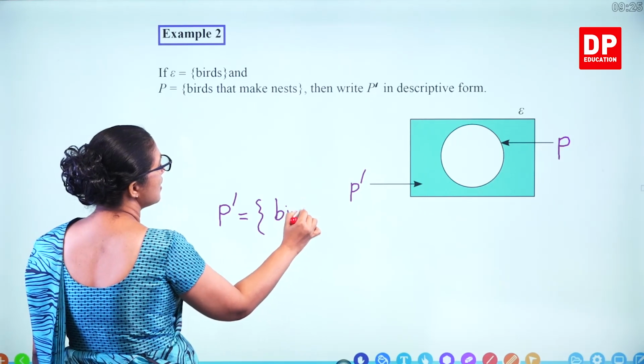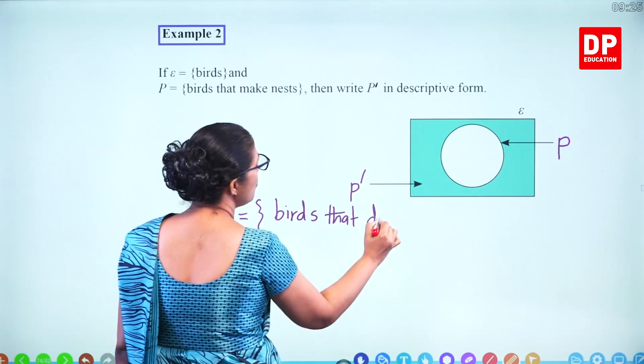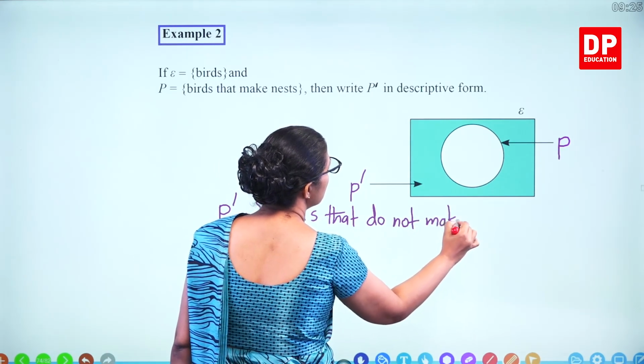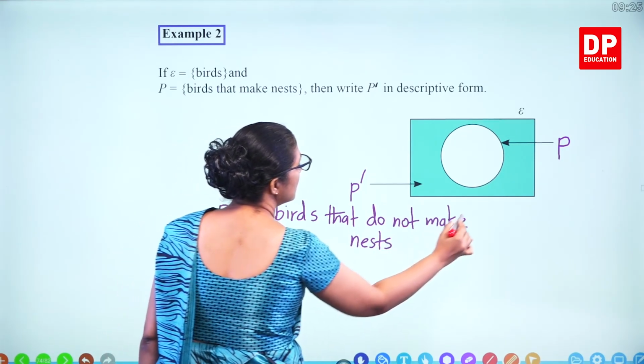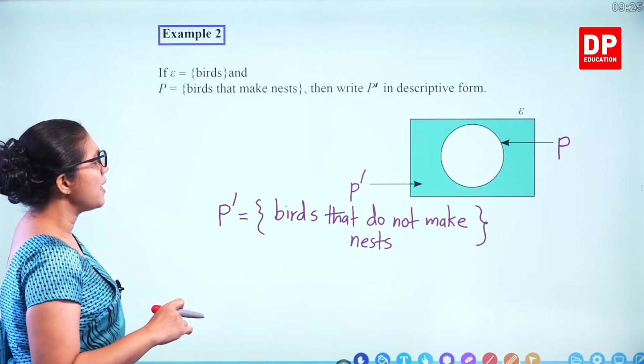Birds that do not make nests. You can write down the opposite: do not make nests.